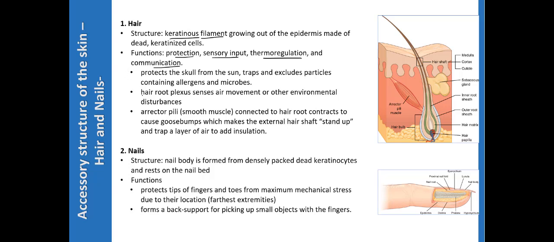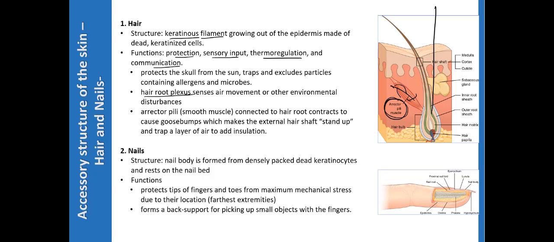So you've got here, as I said, the hair root plexus senses movement, air movement, or other environmental disturbances. And then we've got the erector pili muscle over here that, when it contracts, actually makes the hair stand up on end, right?